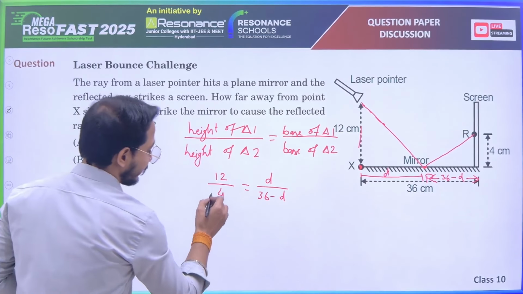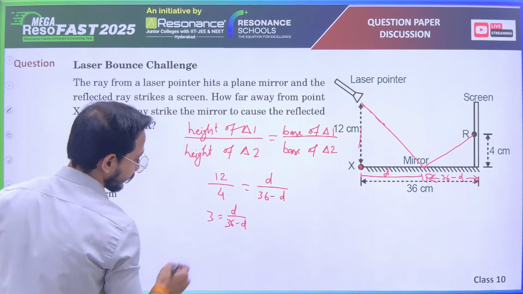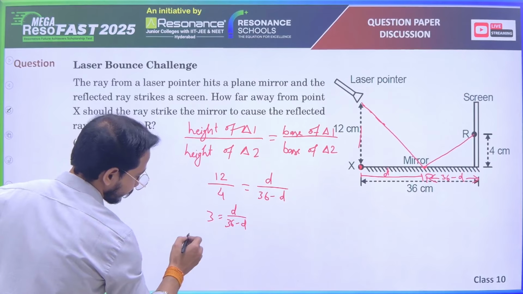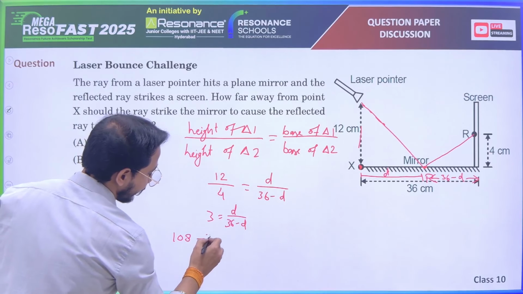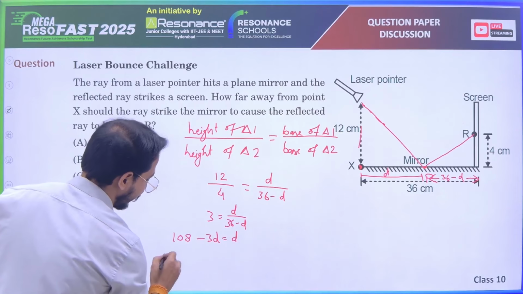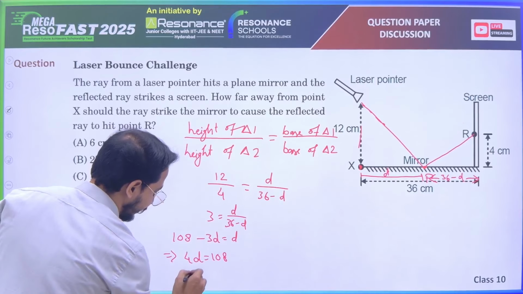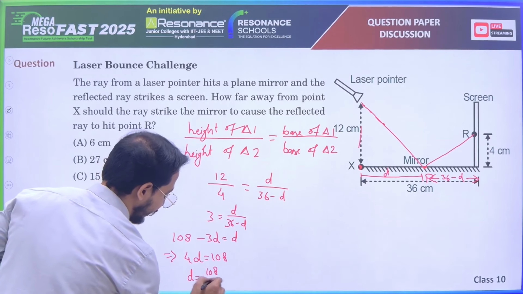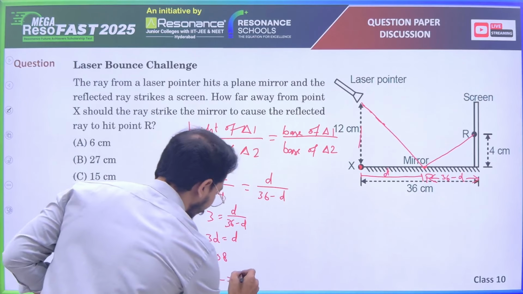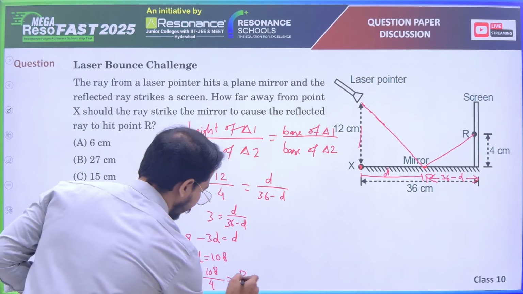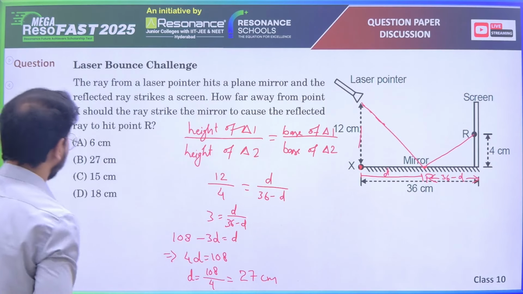So it will be 3 is equal to D upon 36 minus D. So 108 minus 3D is equal to D. Finally we can write 4D is equal to 108 and D is equal to 108 by 4, so this will be equal to 27 centimeter.